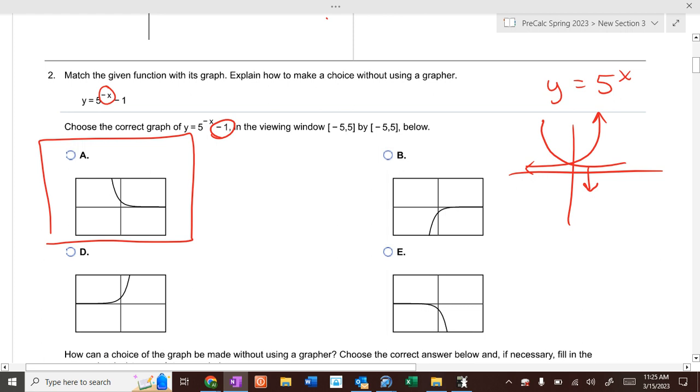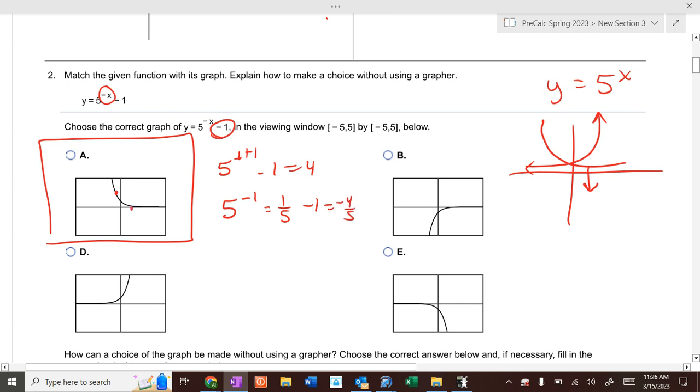If you want to check, put a -1 in for x. What's 5 to the negative of the -1? Well, that's 5 to the first, right? 5 minus 1 is 4. So if we put in a -1, we should be somewhere up at 4. If we put in a +1, what's 5 to the negative first power? 1/5, right? 1/5 minus 1 is -4/5.